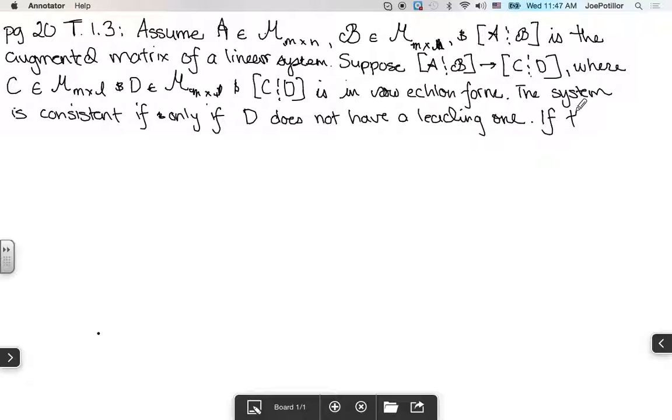If the system is consistent, you have two conditions.